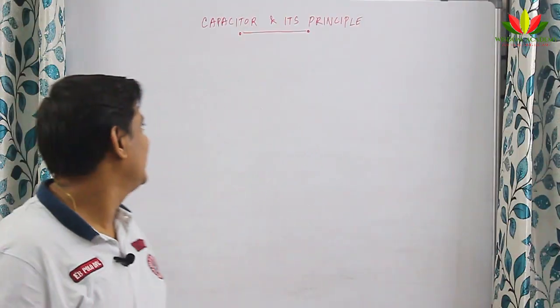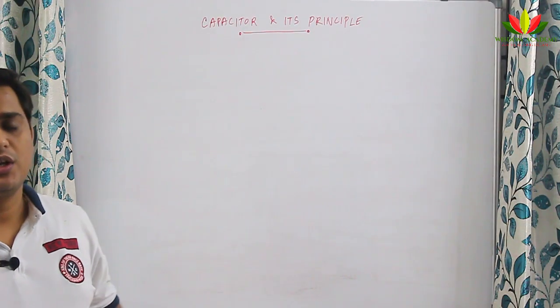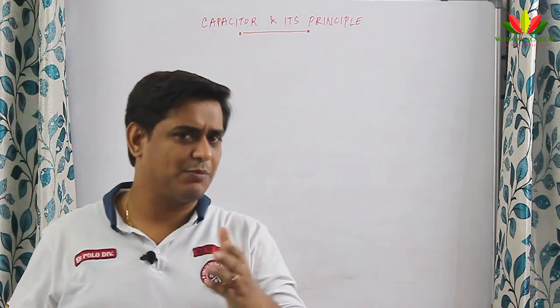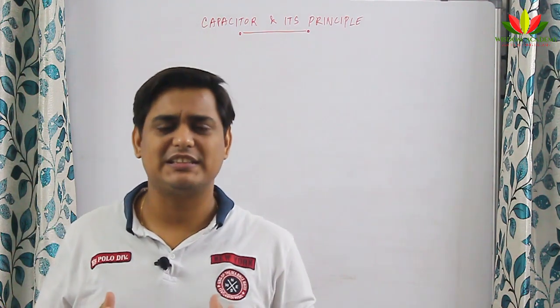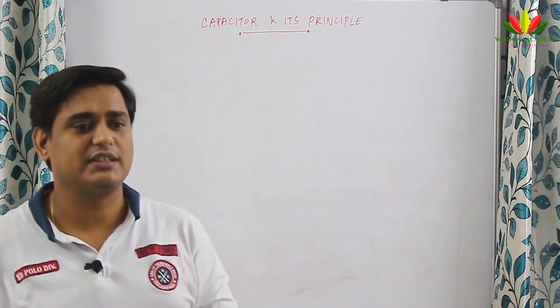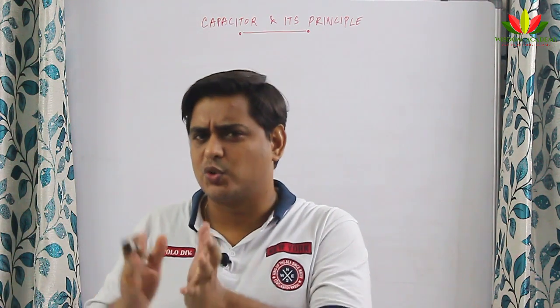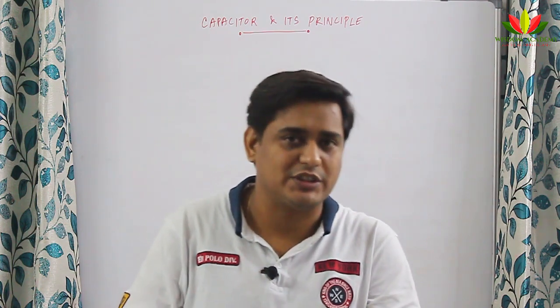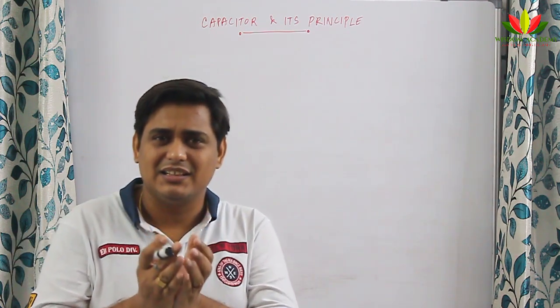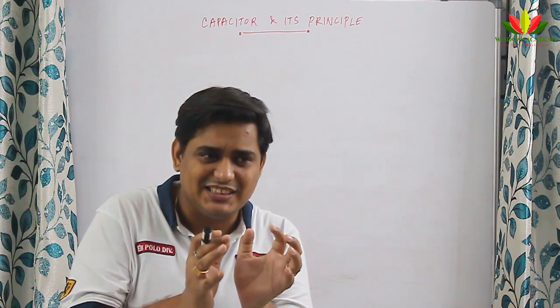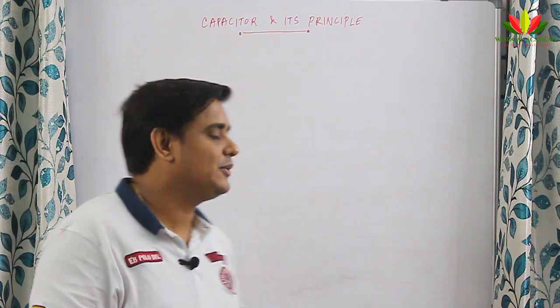Now, we will talk about capacitor and its principle. What is a capacitor? I said about capacitance. So, a capacitor is obviously a conductor, an isolated conductor, which is storing charge, in turn storing energy. I will tell you what I am trying to say.